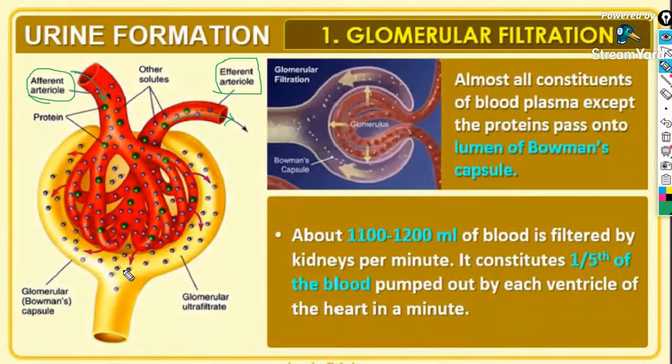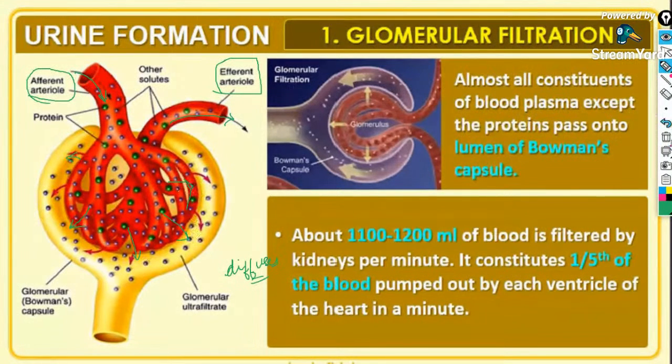All the other materials present in the glomerular blood pass by the process of diffusion into the lumen of the Bowman's capsule.